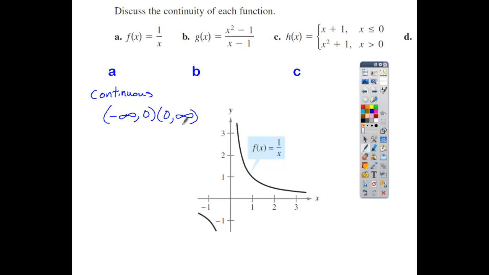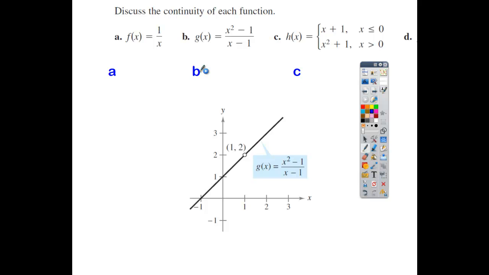All right, for part B, get the graph of that. We are discontinuous at x is equal to 1. This is a removable discontinuity. I can plug that hole, but it's still not continuous. If you plug this into your graphing calculator, it may look continuous to you because the calculator is looking at all values, and that one point, x equals 1, looks filled in, but it's not.